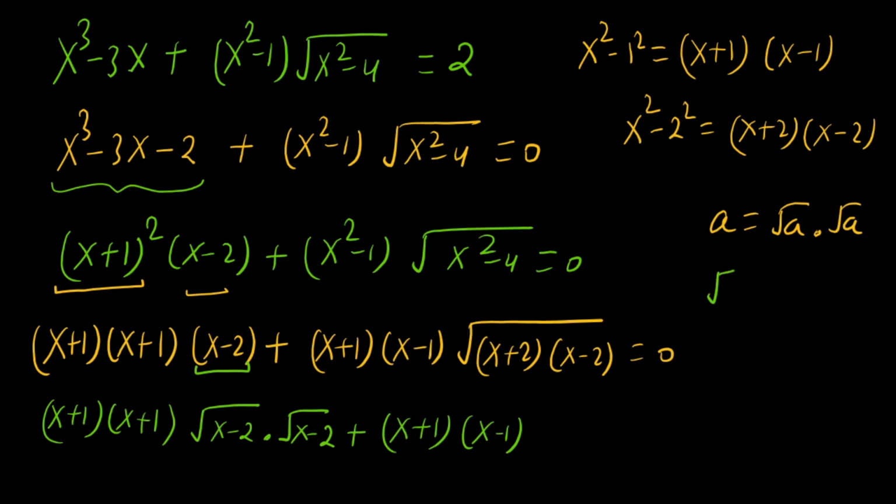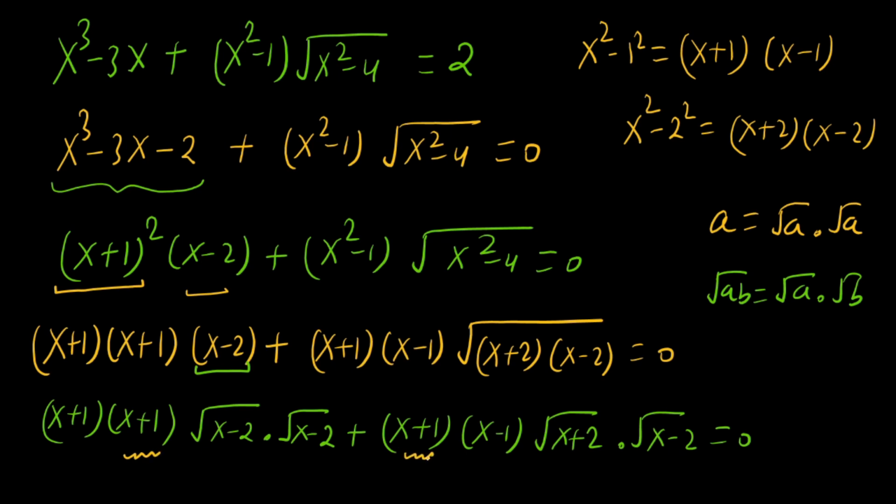And here if we apply this rule, √(ab) equals √a times √b, then we can say √(x + 2) times √(x − 2), and this equals 0. Now look carefully, x + 1 and here x + 1, and √(x − 2) and here √(x − 2).